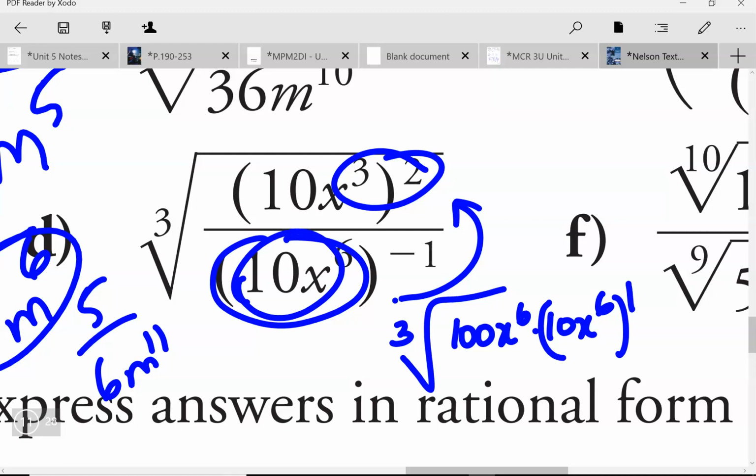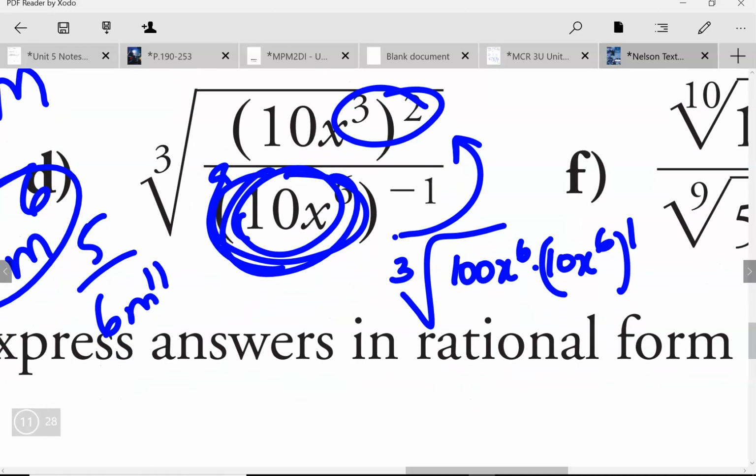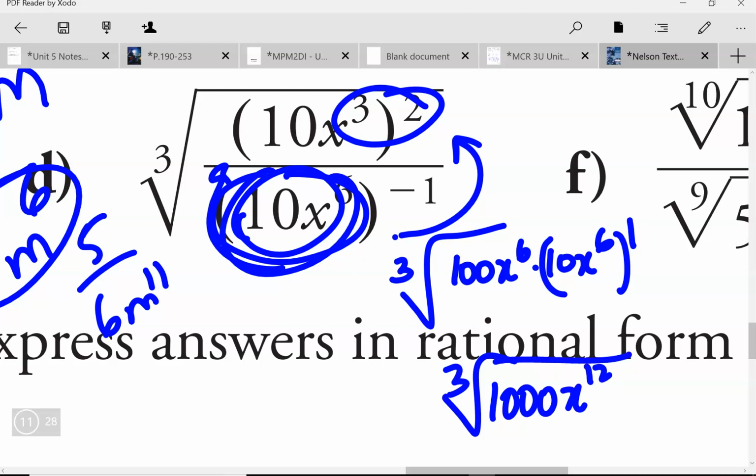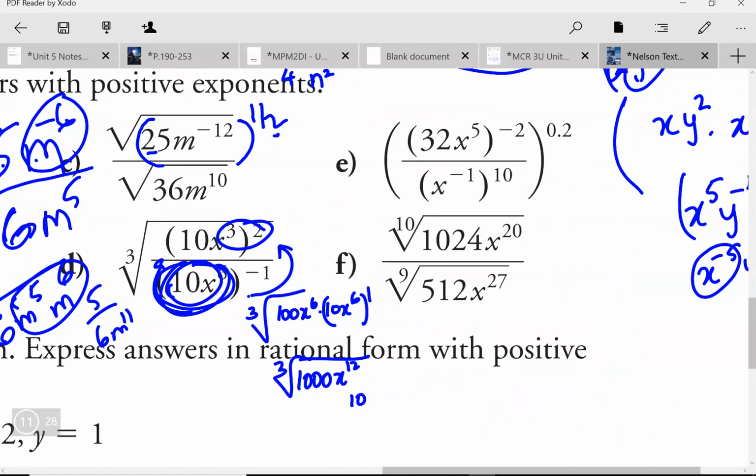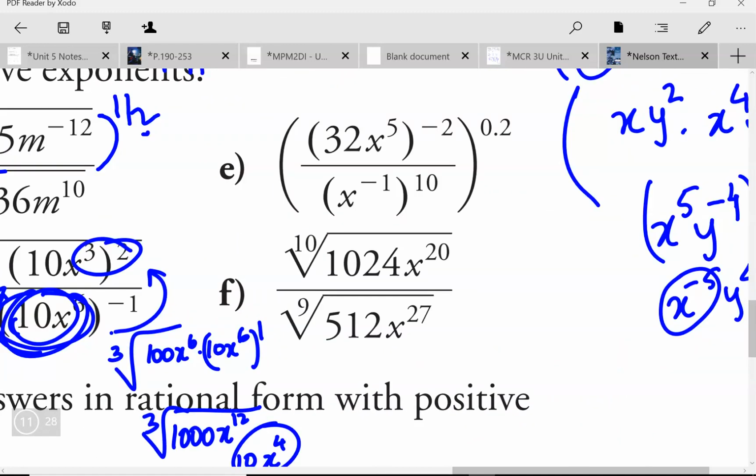This is to the power of 1, but because, again, at this base I moved to the numerator and changed the sign to a positive, but this is just cube root of 1000 x to the 12, which again, cube root is 1/3. So cube root of 1000 is 10. x to the power of 12 divided by 3 is x to the power of 4. Okay, these aren't that hard.